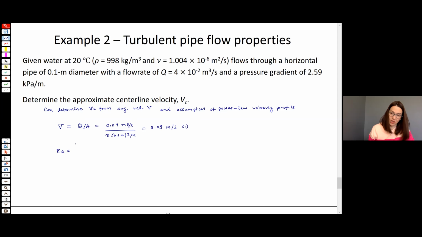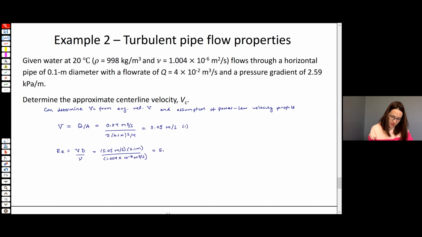We've got to double check the Reynolds number, make sure we've got turbulent flow. So the Reynolds number, the simpler definition is average velocity times pipe diameter over kinematic viscosity. So we've got 5.09 meters per second times 0.1 meters for the diameter over 1.004 times 10 to the minus 6 meters squared per second.